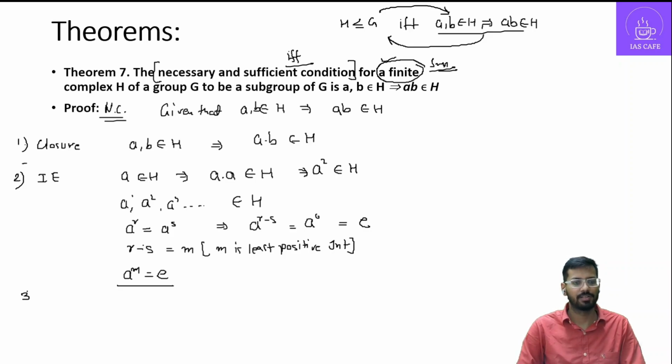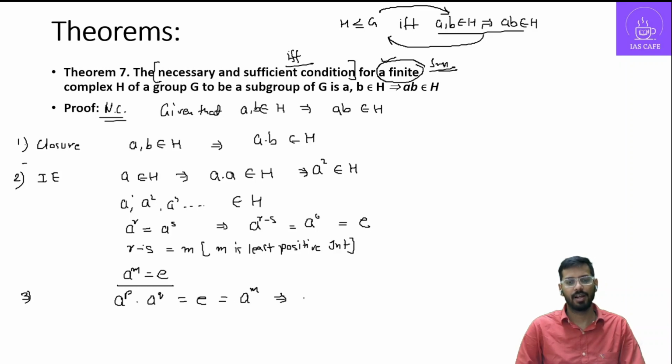Now third is inverse. For inverse, if we take a raised to power p, an element of this set H, now we operate a raised to power q, that is equal to the identity element, that is a raised to power n.